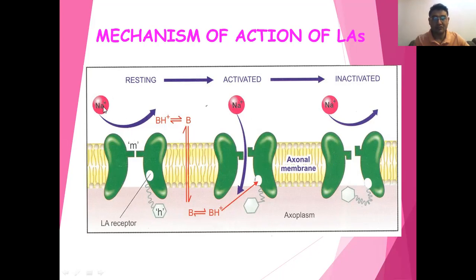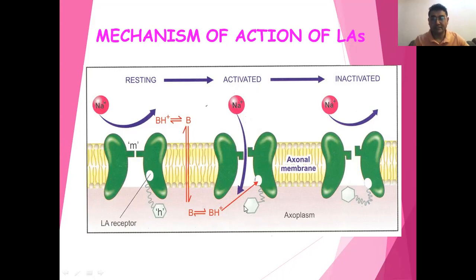Sodium is on the outside, and it does not go inside the cell. When it is activated by a stimulus, for example a pain stimulus, sodium will go inside the cell. So the influx of sodium inside the cell will activate the cell and create the action potential.